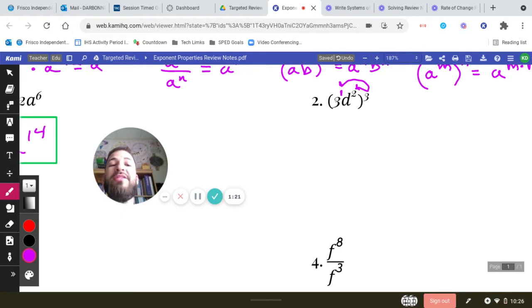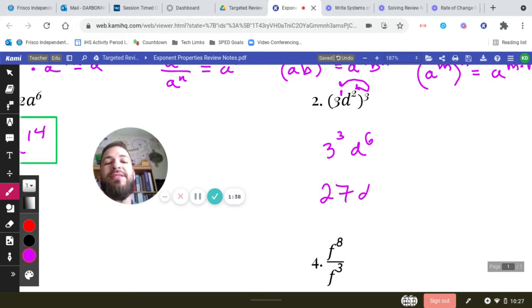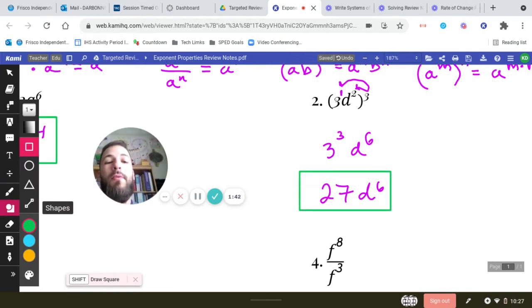So I do 3 times 1 and 3 times 2. So this becomes 3 to the 3rd, and d is 2 times 3, which is to the 6th. And then I can leave it like this, but if I need to, I can multiply this out. 3 to the 3rd is equal to 27. So 27d to the 6th.